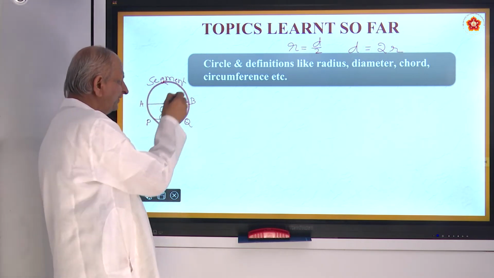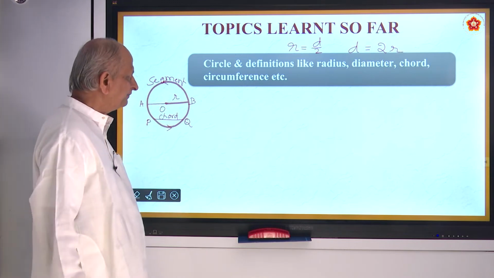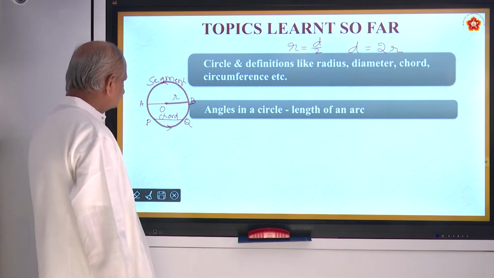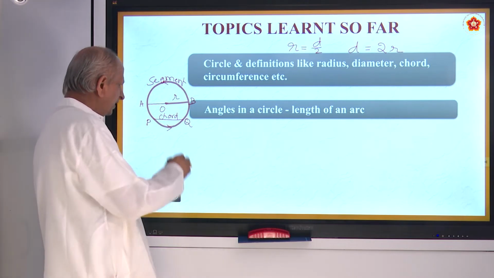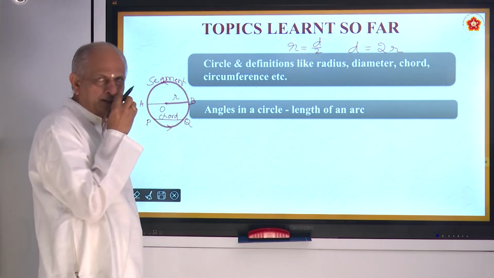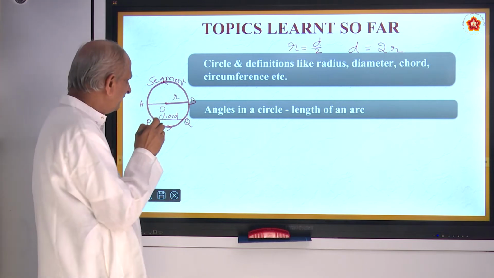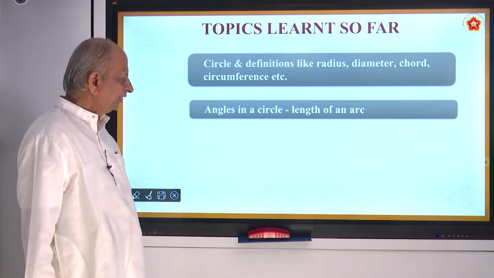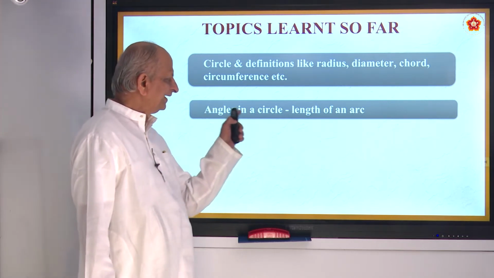There are 2 segments: one is called the major segment, another is called the minor segment. And when the chord becomes a diameter, it becomes a semicircle. Also, you have studied angles in a circle.